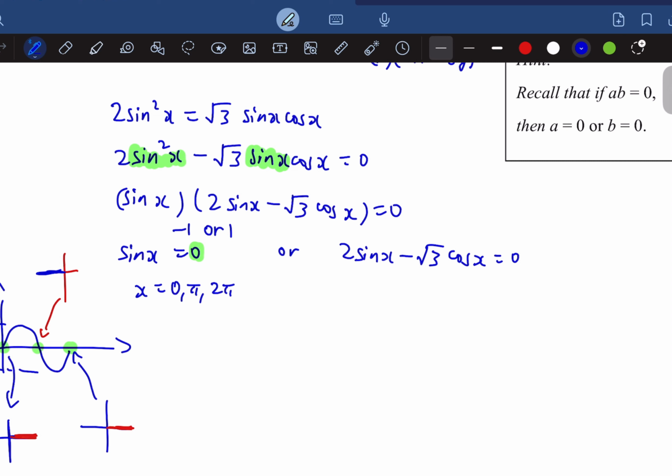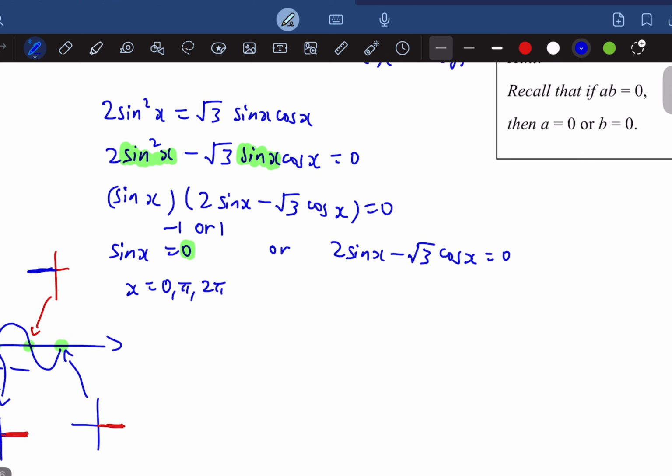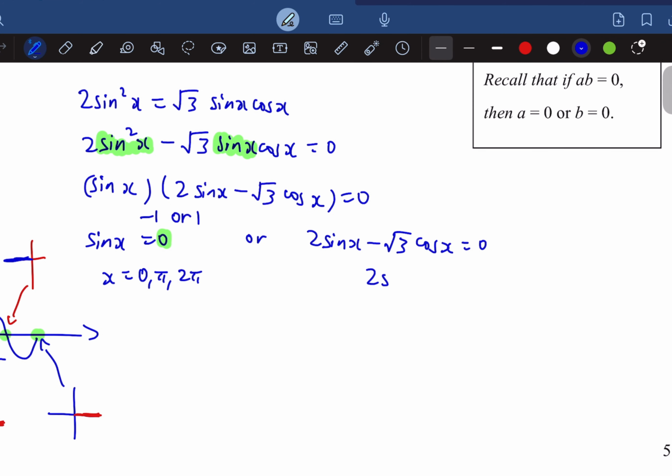2 sine x minus square root 3 cosine x. For this, because now these are all linear already, and here it contains two trigo identities, sine and cosine, we cannot proceed, because when we are solving a trigo equation, it must be all sine, cosine, or tangent. There cannot be a mix. So we have to change all the sine and cosine into one trigo identity.